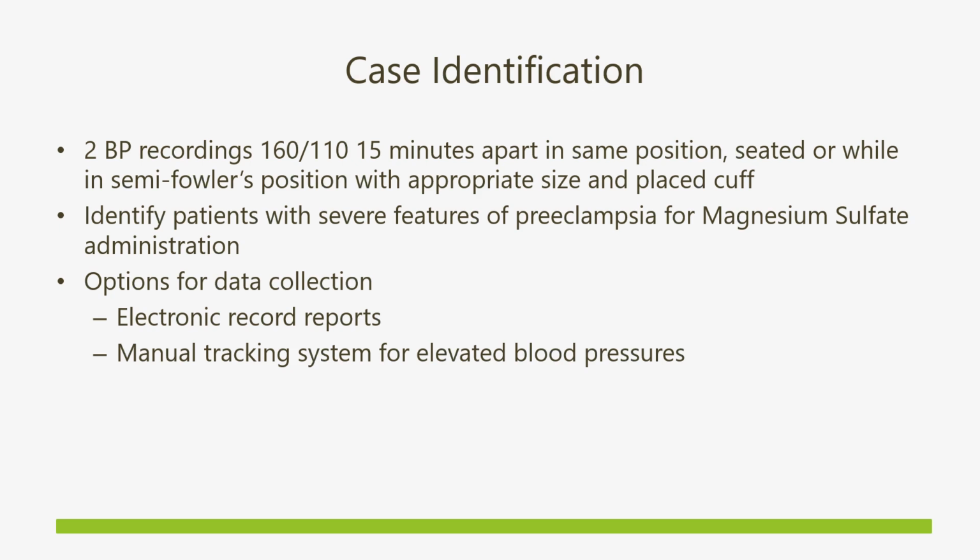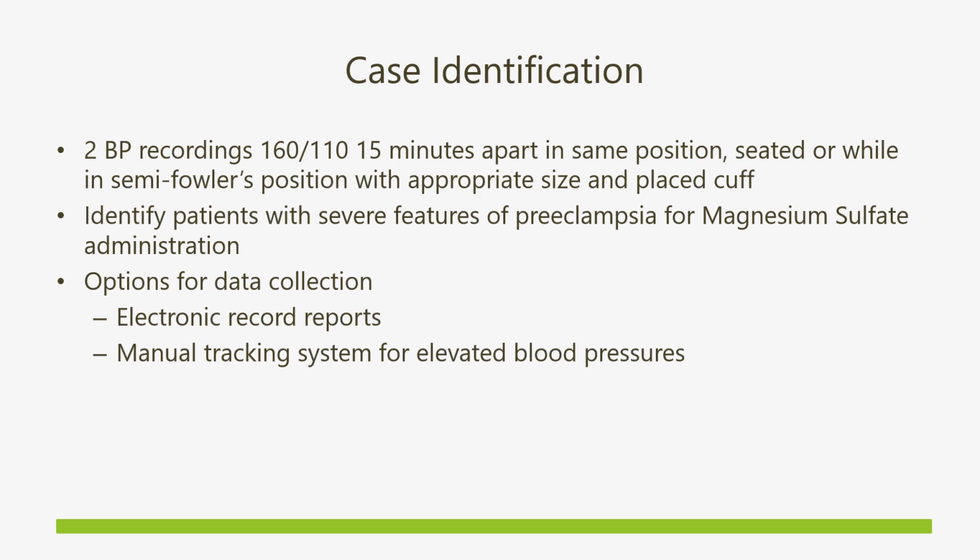Diane, this is Missy. I just want to add a couple of things in response to a question in the chat box. Trish asked for clarification: this is either the 160 or the 110. Could be both, but you only need one of those above that threshold for it to count.